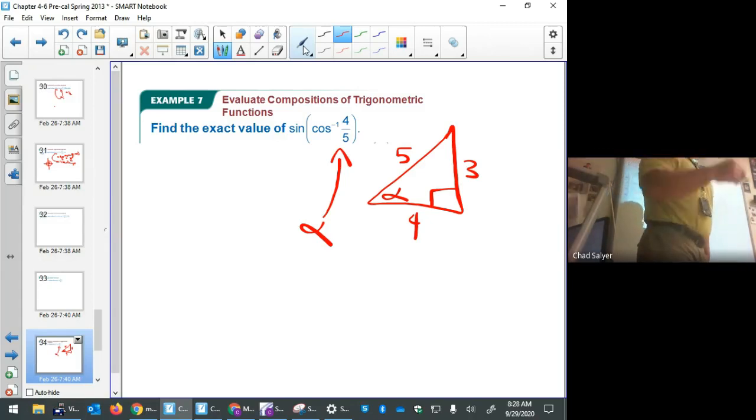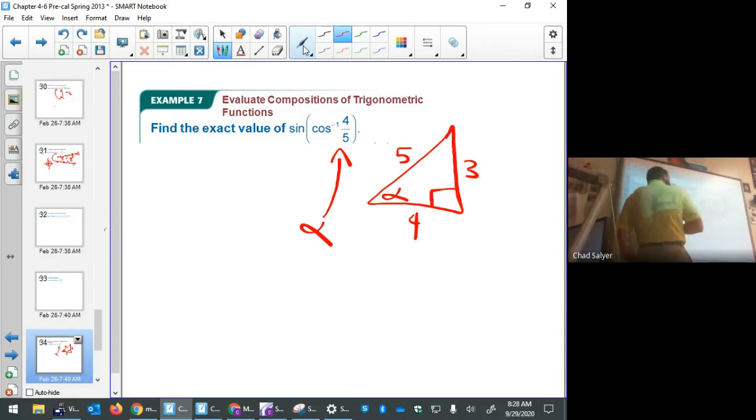You remember some Pythagorean triples. 3, 4, 5 is definitely worth committing to memory. We don't have to do any calculation. We just know if we see a 4 and a 5 here, this has to be a 3. If we see a 3 and a 5 here, this has to be a 4. So the 3, 4, 5 Pythagorean triple is a good little thing to memorize for that reason.